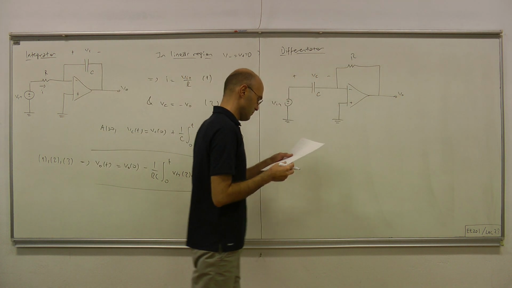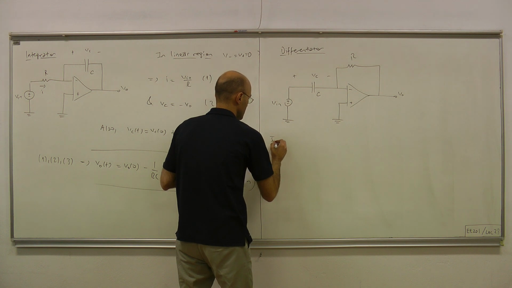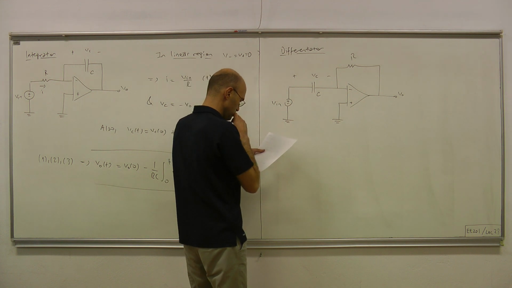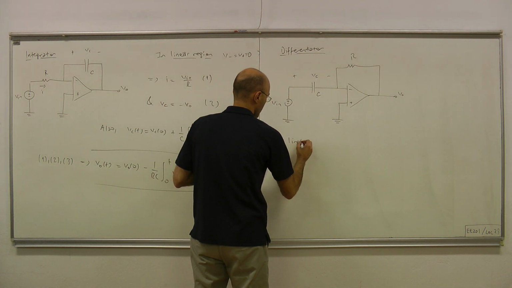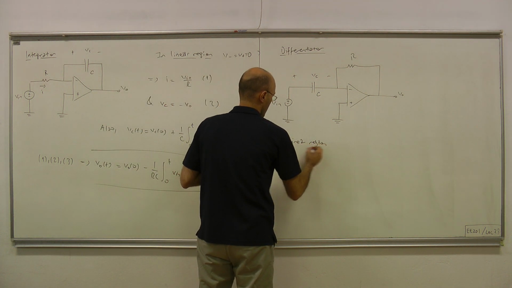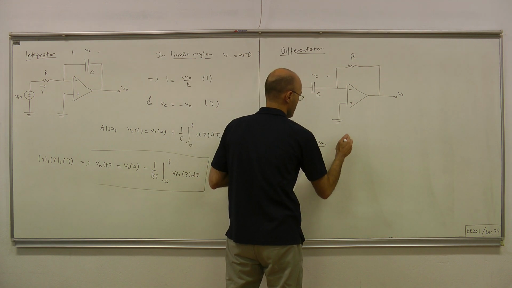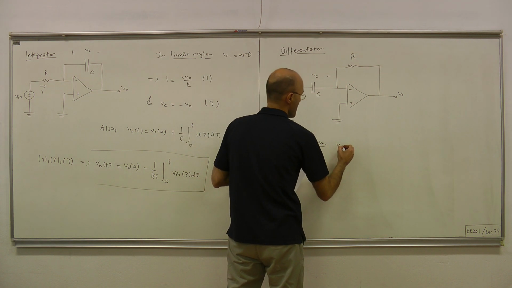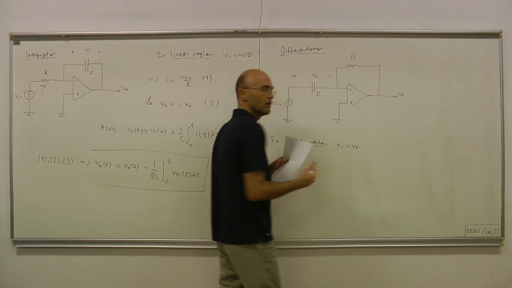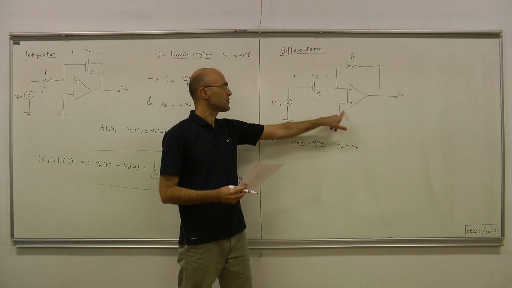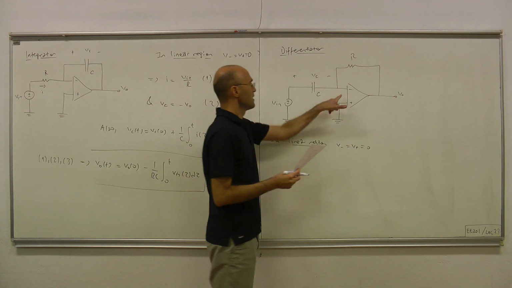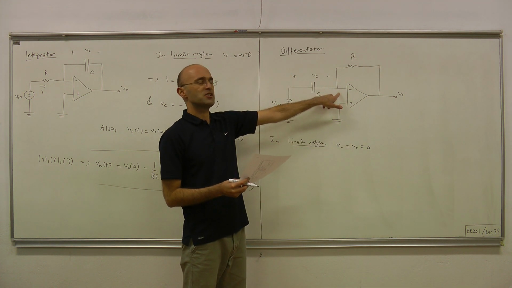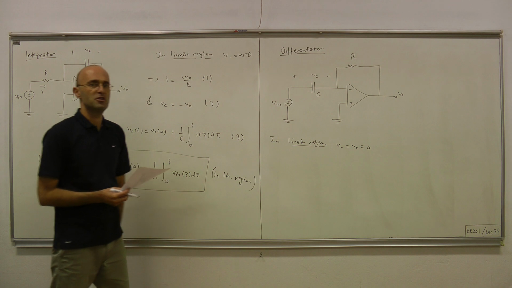This is V out. Now in the linear region, we have V minus equals V plus. V plus is 0 in all regions. Therefore, this node acts like a ground node in the linear region, V minus.